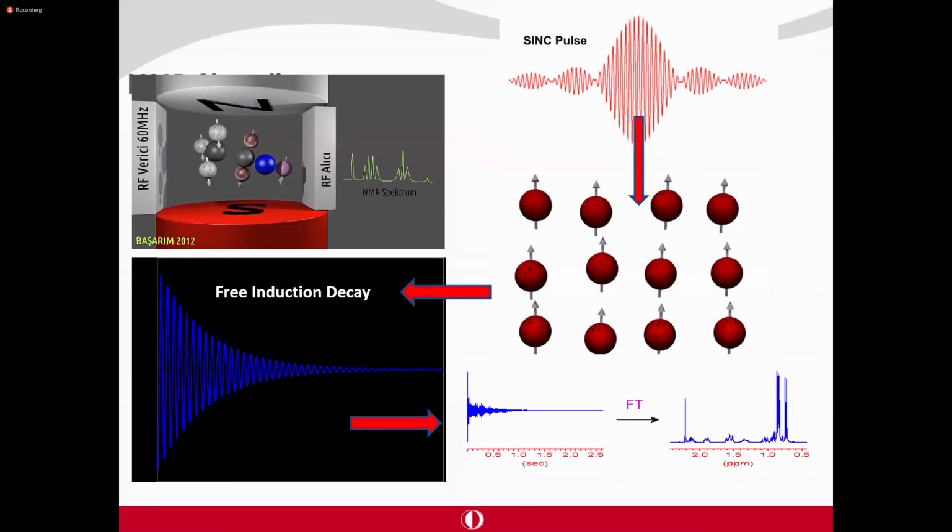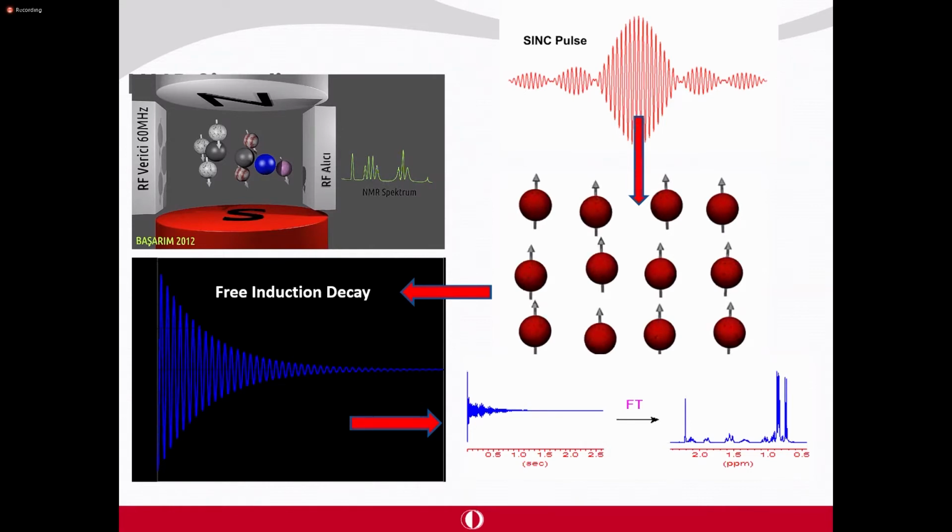And whenever we send an RF pulse to these precessing spins, which means we are adding energy, then once we remove the RF pulse, we will end up generating the signal.